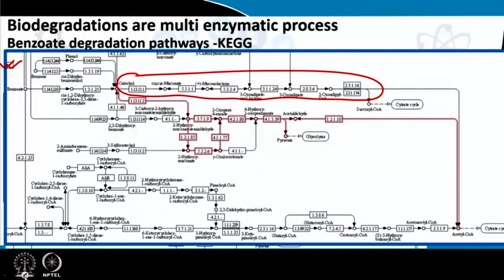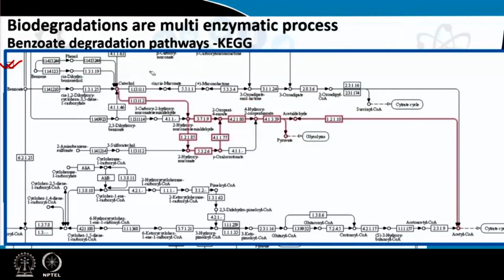So, you can identify that the catechol is converted to hydroxymuconate semialdehyde, and then muconate semialdehyde can undergo two sets of reactions, either in this way or in this way.